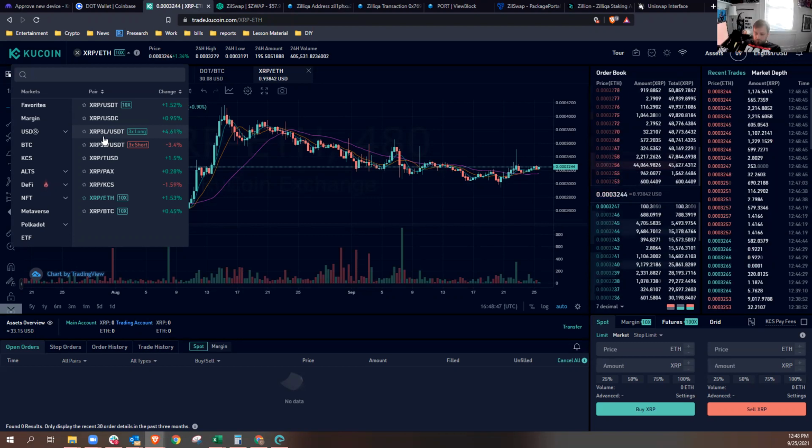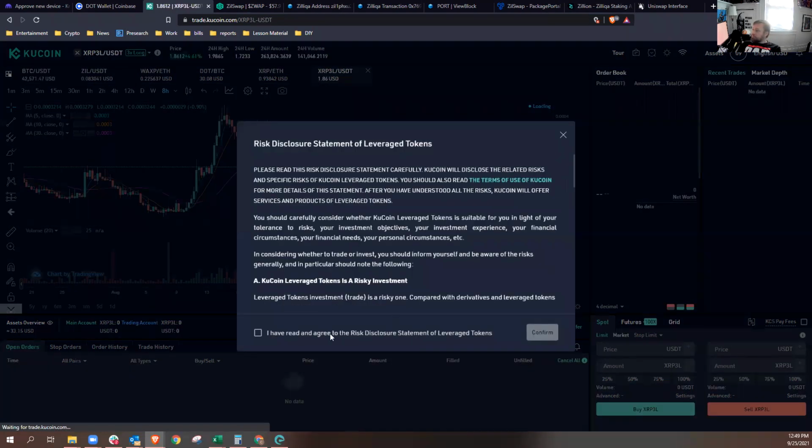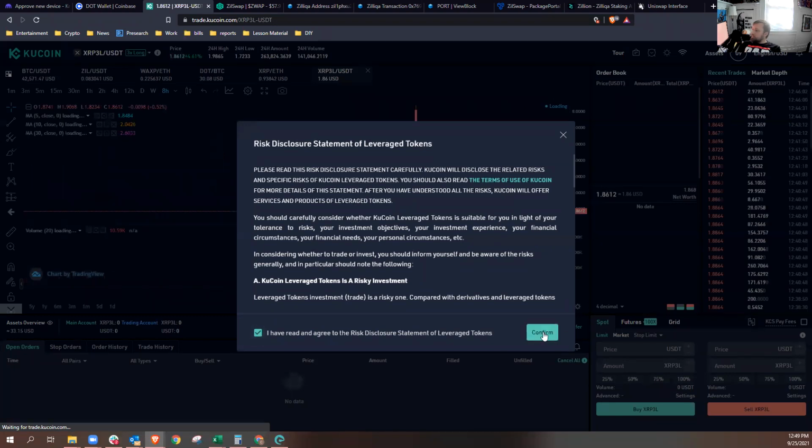Great call out. What would the fees be if you wanted to trade XRP to maybe Bitcoin? With KuCoin, I can't remember what the exact transaction fee is.